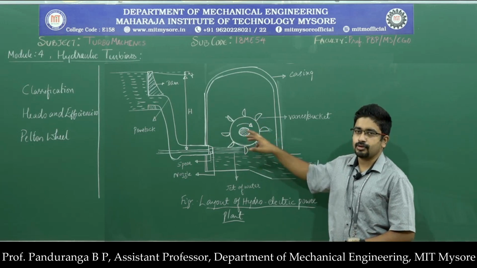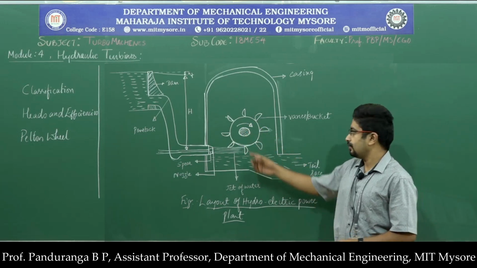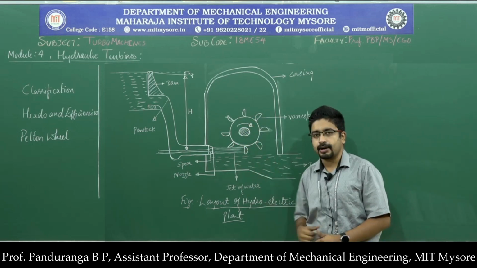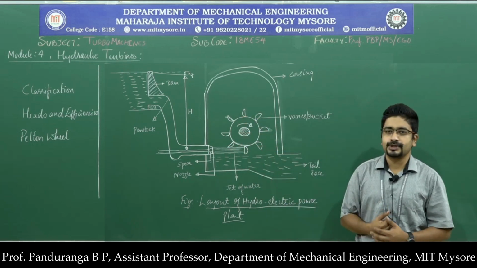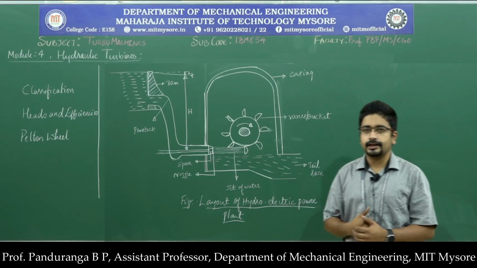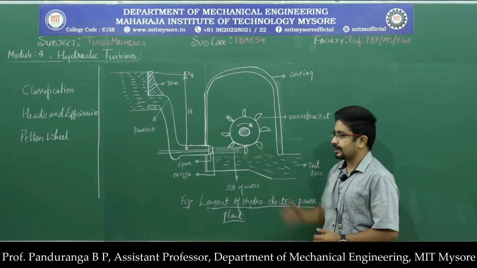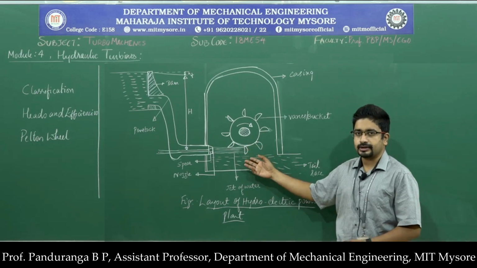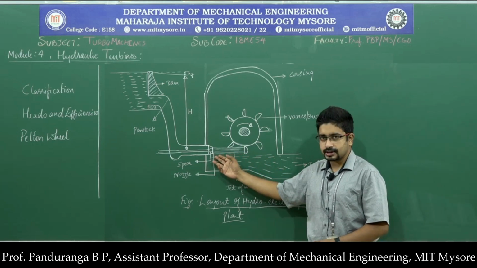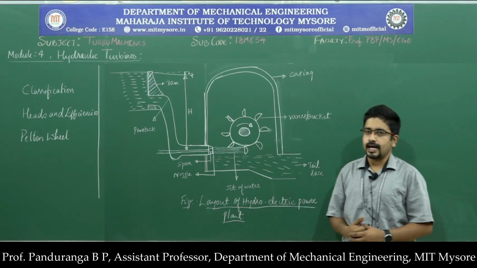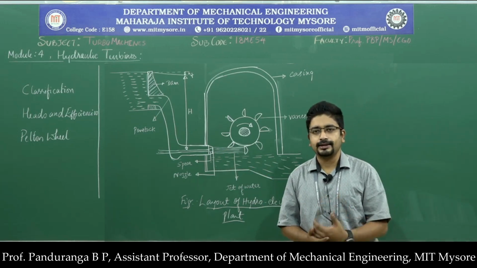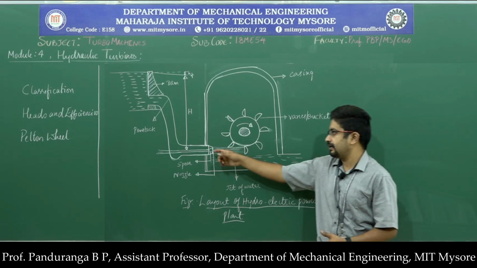The runner is mounted on the shaft, and over the runner we have mounted the buckets. So these are the buckets which absorb kinetic energy of water and convert that into mechanical energy. Here we have the water jet, then we have the nozzle, and in the nozzle we have the spear. So we can control the amount of water entering the turbine with the help of the spear.